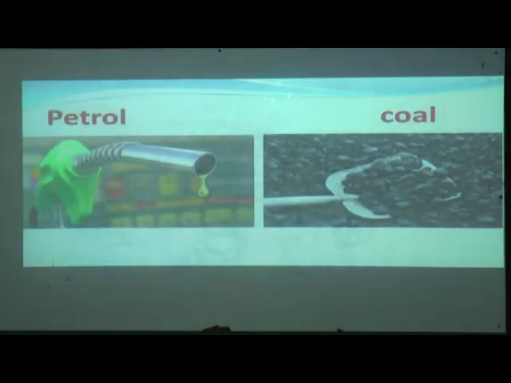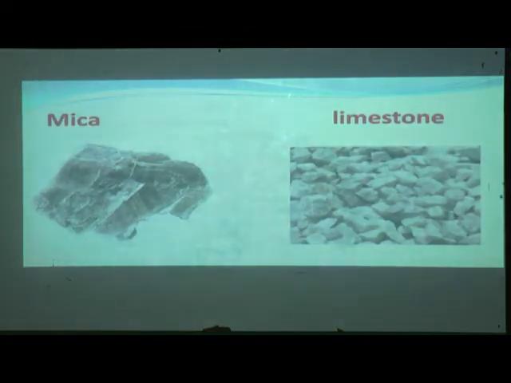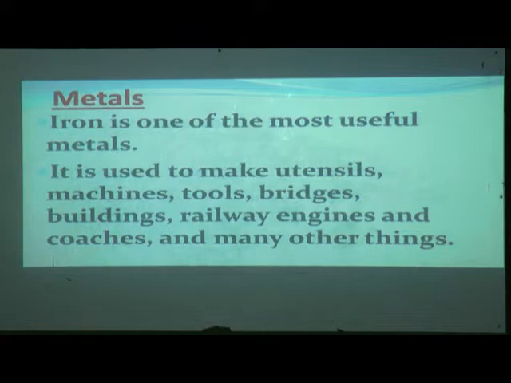This is petrol and the second one is coal. Can you see this? Mica, and the last one is limestone. Those are non-metals. Now, metals: iron is one of the most useful metals.